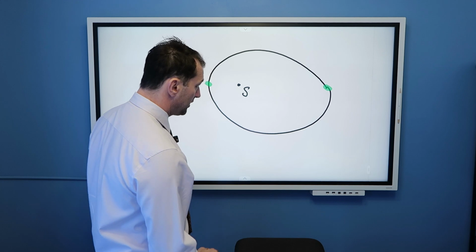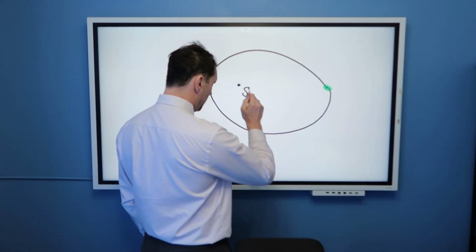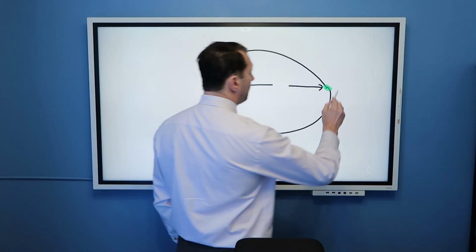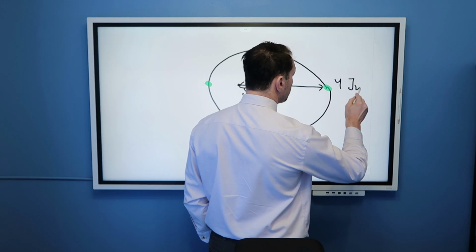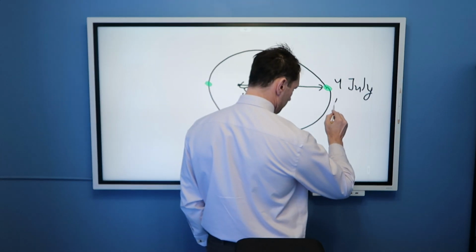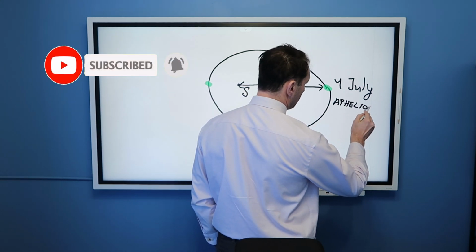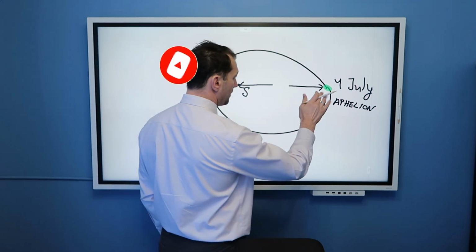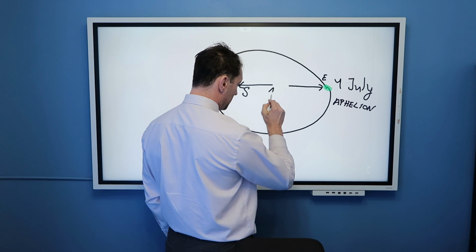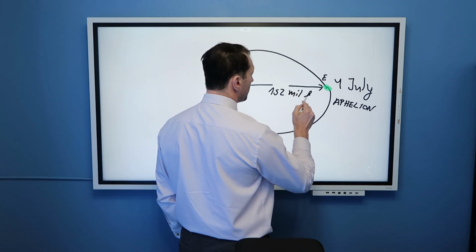This point is clearly the point when the Earth is furthest from the Sun, and this happens on 4th July. And this point is known as aphelion. And the distance between the Earth and the Sun at this point is 152 million kilometers.